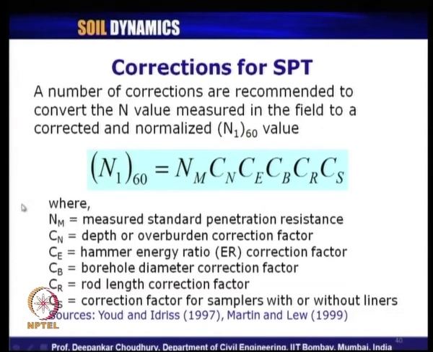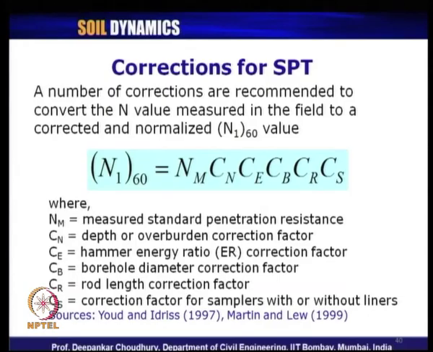So, that is why CE is required. It also depends on what type of hammer you are using, such as a donut type hammer, because how much energy is finally transferred to your sampler tube depends on that.